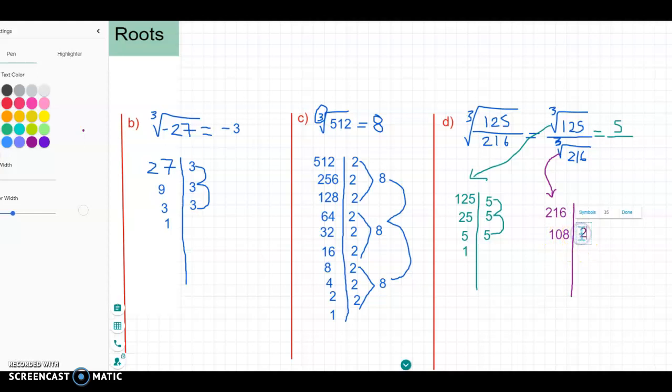Divide by 2 again, which is 54. If you divide 54 by 2 again, that will be 27. But look, 27 cannot be divided by 2, but it can be by 3. So 27 by 3 will be 9. 9 divided by 3 is 3. And 3 divided by 3 is 1.